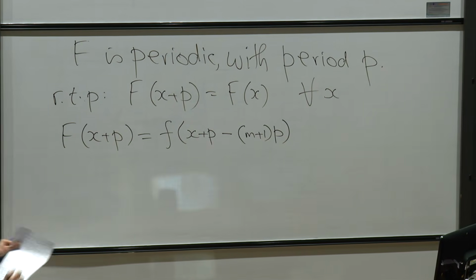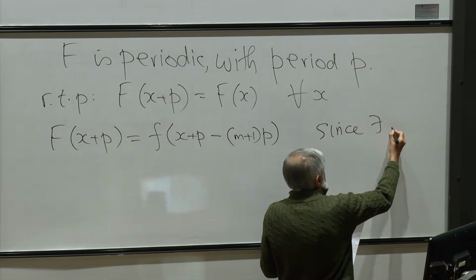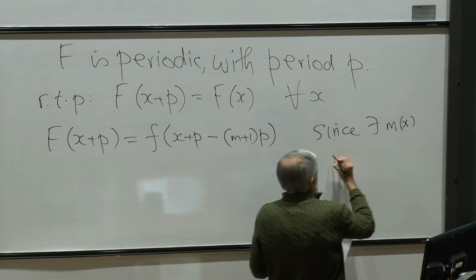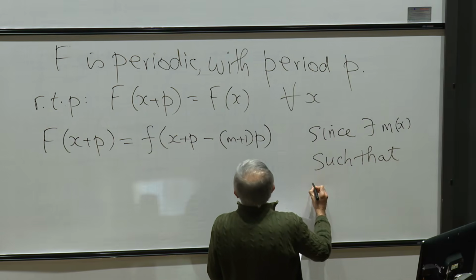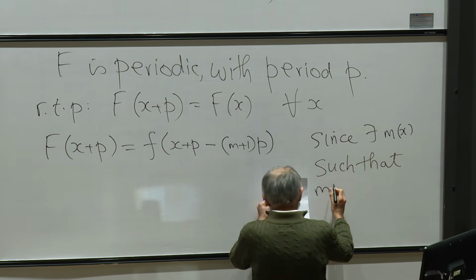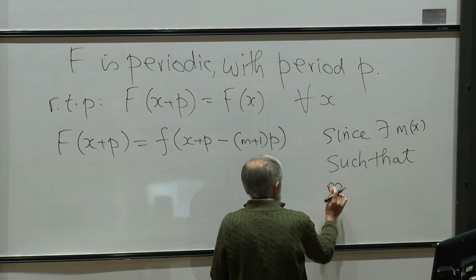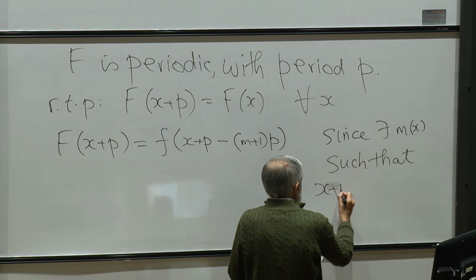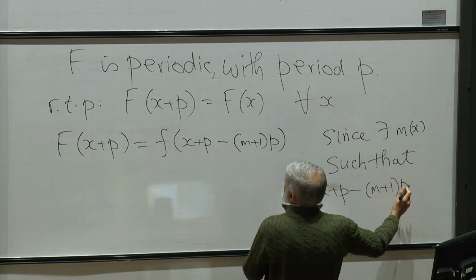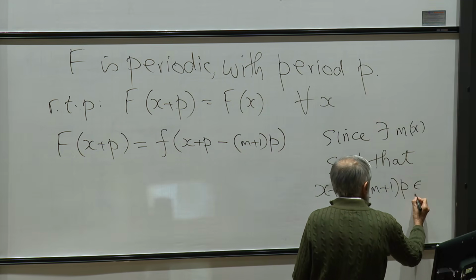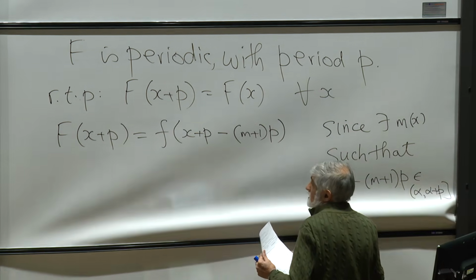So in other words, what we can say here is that since there will exist m of x such that x plus p minus m plus 1, p is an element of alpha, alpha plus p, right?